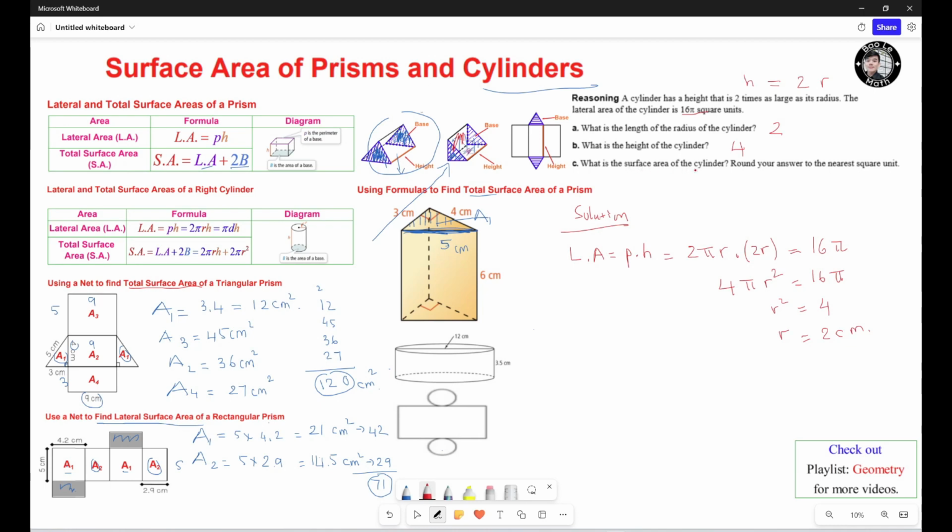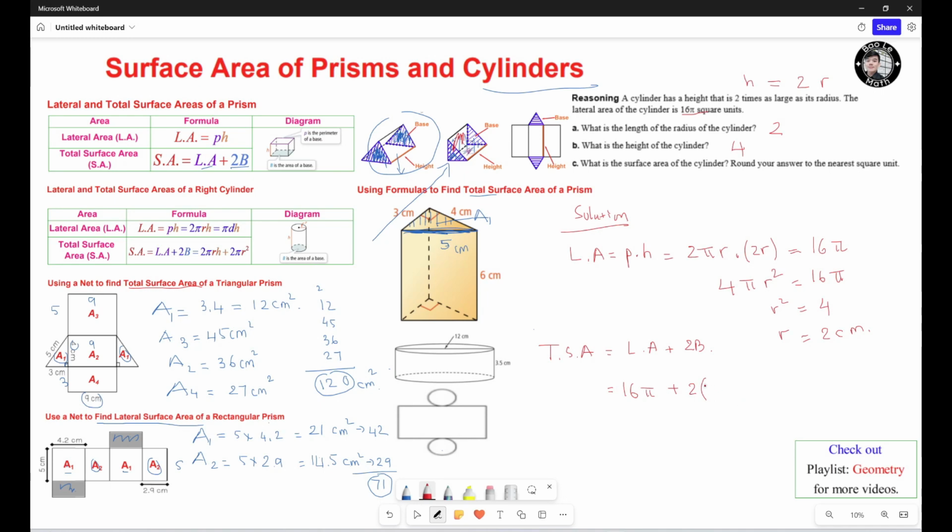Now, what is the surface area of the cylinder? Which means you need to find the total surface area, equal to the lateral surface area plus the area of 2 bases. The lateral surface area given is 16 pi, and then the area of the base we need to calculate. So it should be 16 pi plus 2 times the area of the base.